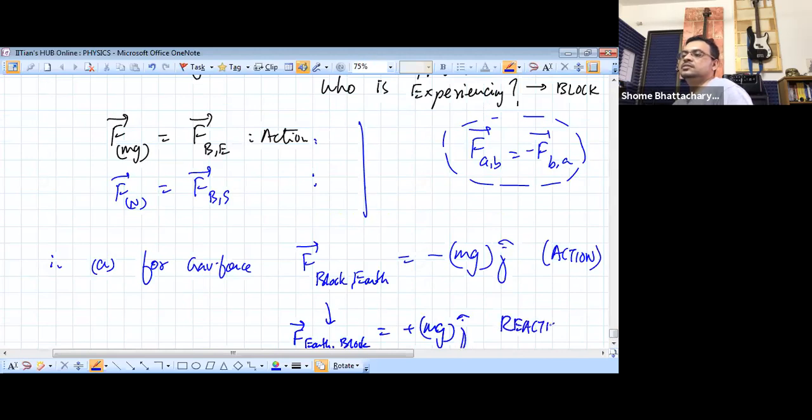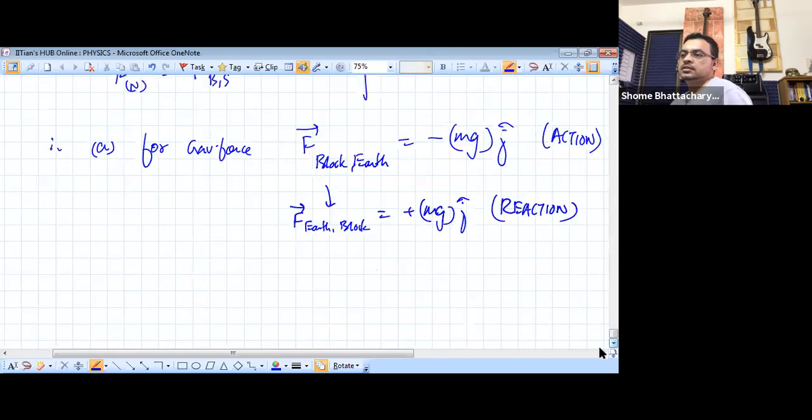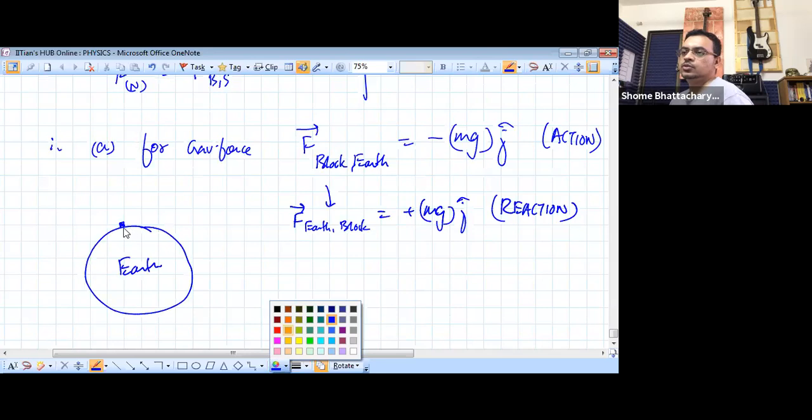The thing is, we don't think about this force because the earth has infinite mass compared to the block. So this is an action reaction pair. Okay, so it's like this, that if this is the earth, your tiny little block is sitting over here. तो क्या हो रहा है, पूरा अर्थ का मास मिलके जोर लगा के ब्लॉक पे is applying a downward force like this. This is the force on the block applied by the earth.